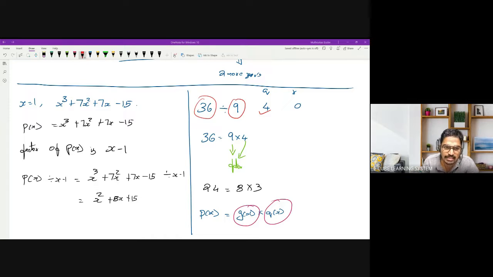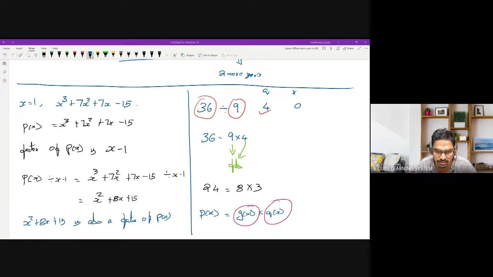Since the answer obtained is x square plus 8x plus 15, we can say that x square plus 8x plus 15 is also a factor of p of x.